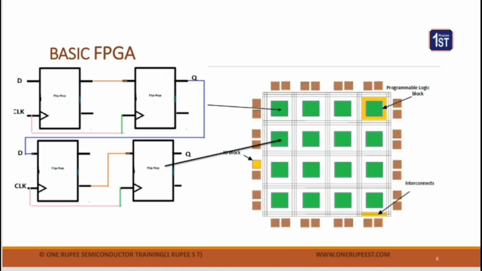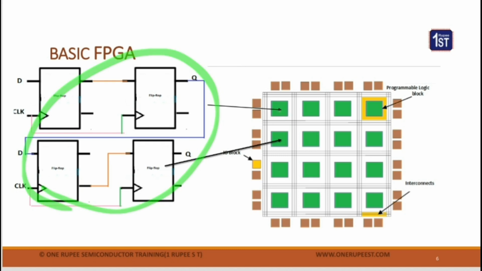So effectively what happens is that whatever these 4 registers are there, if I have a CLB which has 2 registers, 2 flip-flops, then they will use 2 configurable logic blocks. These 2 registers will fit in this configurable logic block.